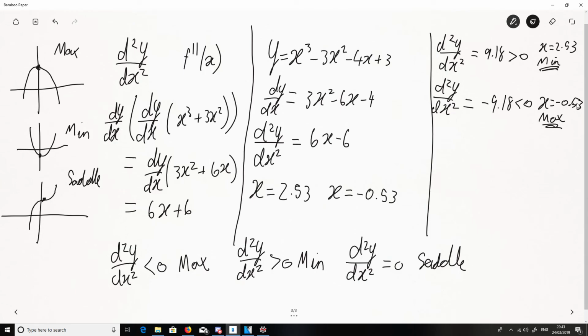So if y goes negative to positive afterwards, then it's a rising saddle point, and if it starts off positive and then goes to negative around it, then it's a negative saddle point. So that's all there is to do to find maxima and minima if they ask for second derivative tests.